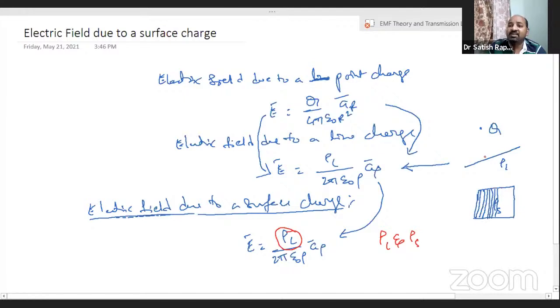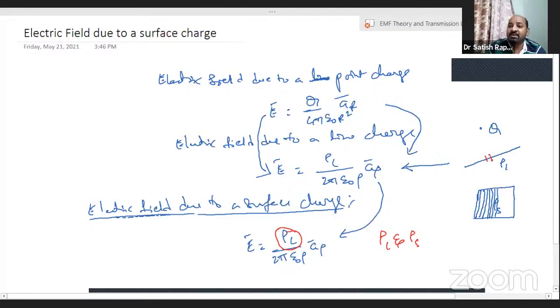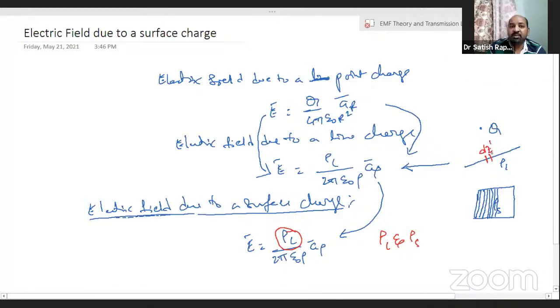While deriving electric field due to line charge, we have taken a differential element, a differential length dz dash. Just remember this.